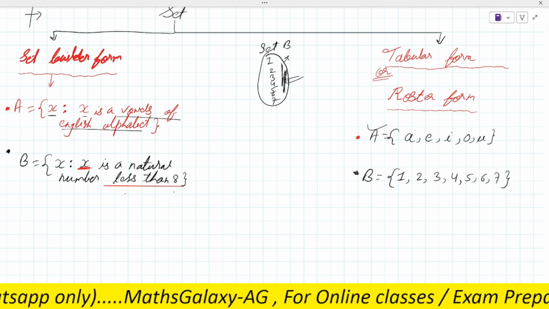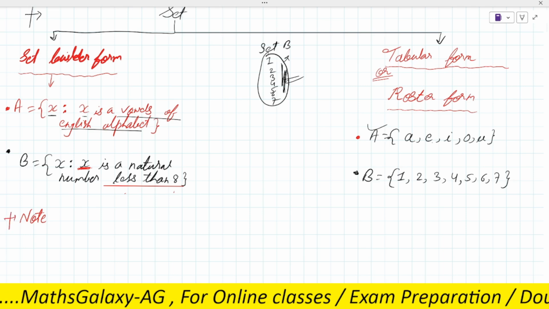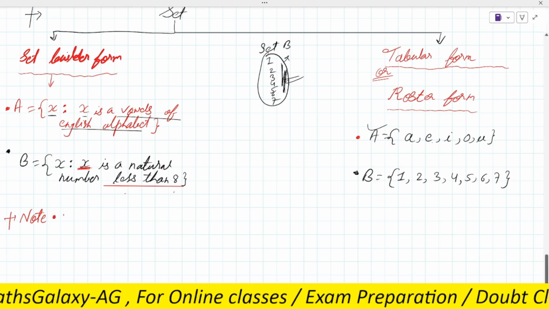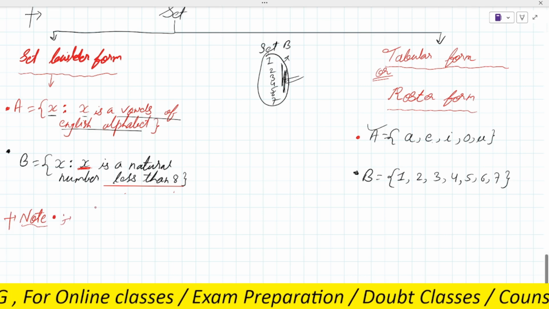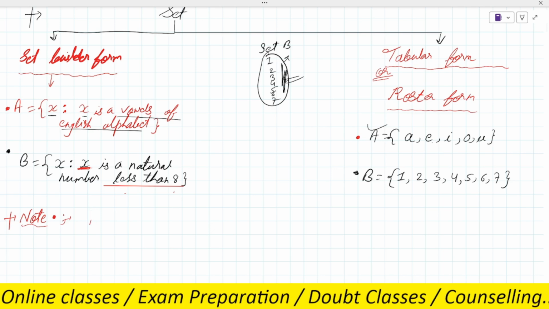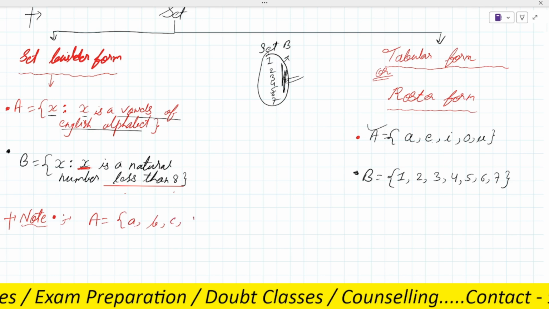Okay. Now let's see a last point which we will recall from the 11th class. There are many more points, but here we need just these things. Suppose a set A has elements a, b, c, d.